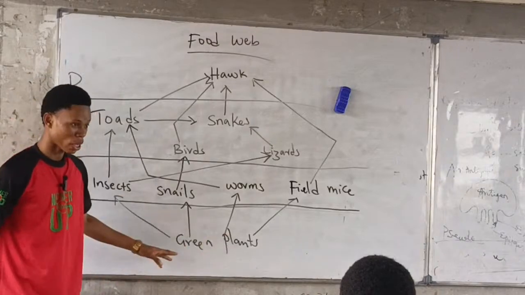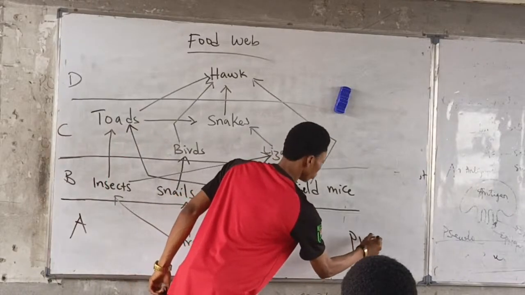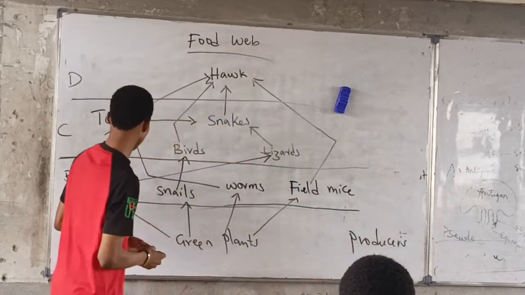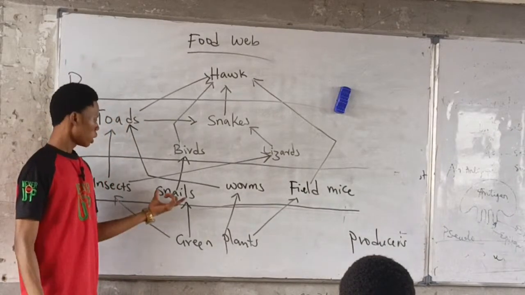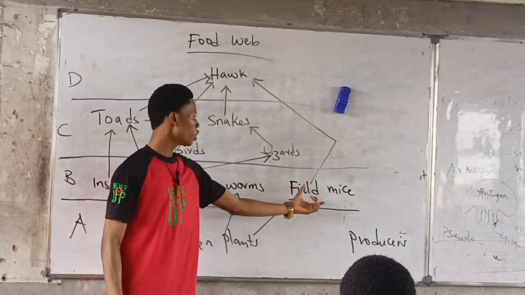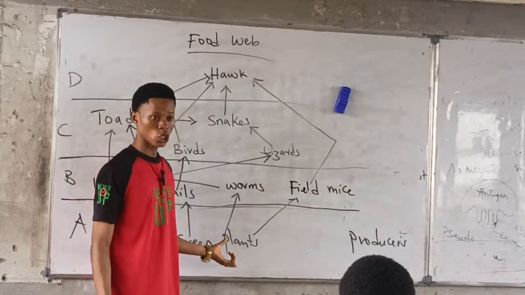Because this is the grain plants, is it not? The producers. So here we have the producers. And you agree with me that insects can feed on grain plants, right? Snails can feed on grain plants too. Worms can feed on them, mice and rats can feed on grain plants, is it not?